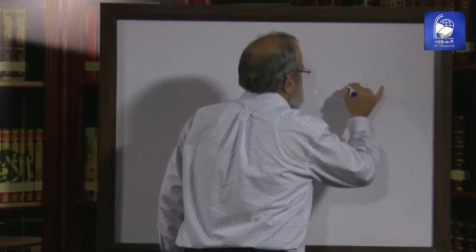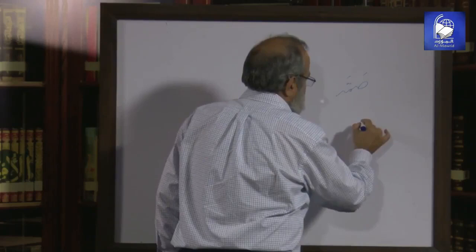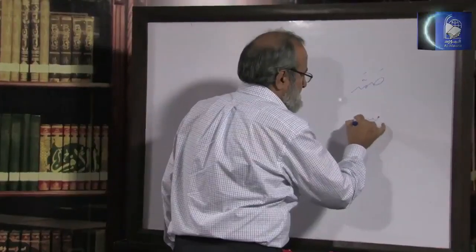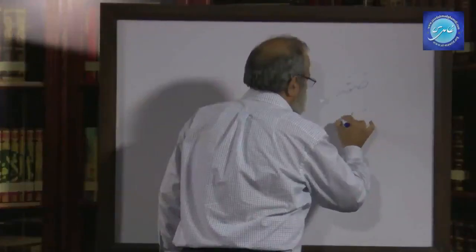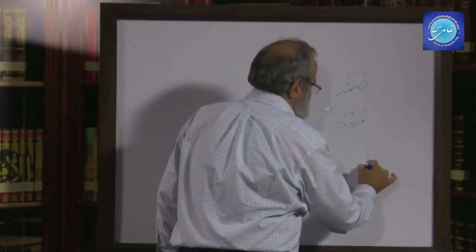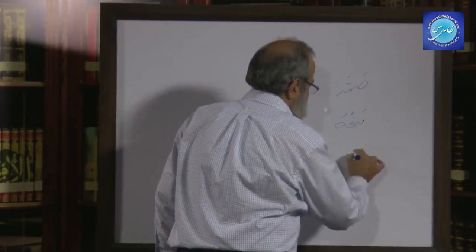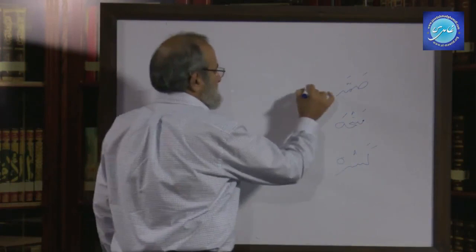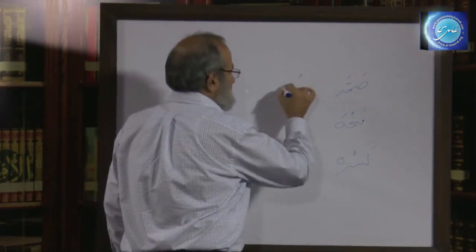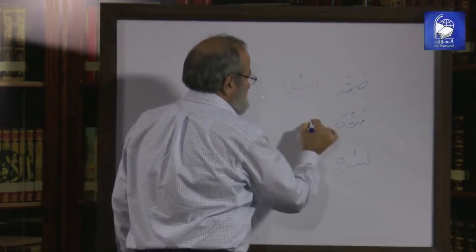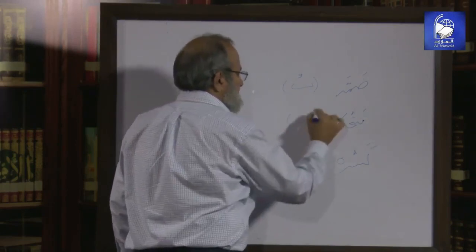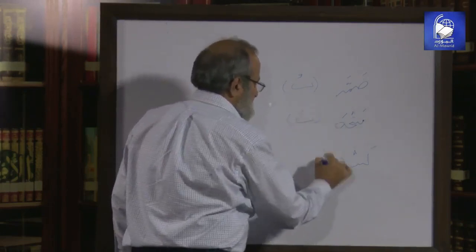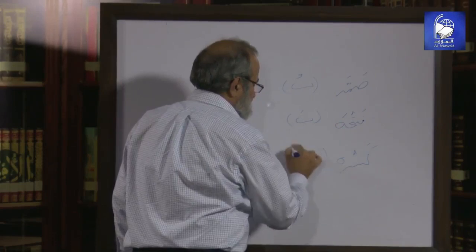Now, I mentioned dhamma, I mentioned fatha, and I mentioned kasra. I hope you know that dhamma is, let's say, bu, fatha is ba, and kasra is bi.